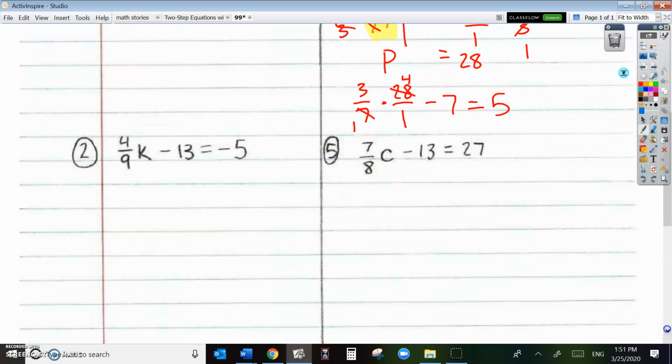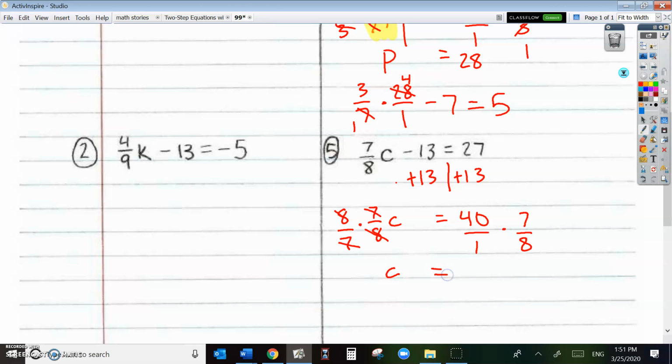Problem 5. You need to add 13 to both sides. 7 over 8c equals 40. Multiply by the reciprocal on both sides. These cancel.